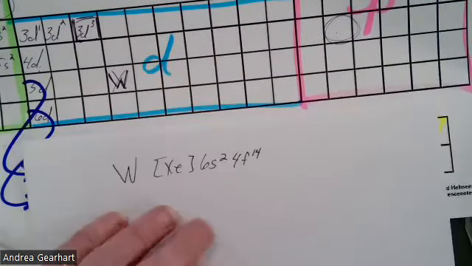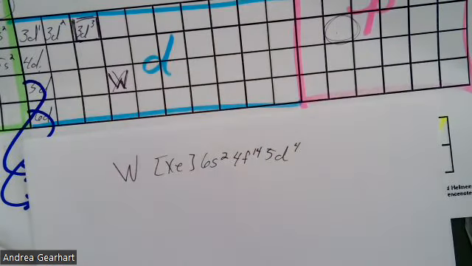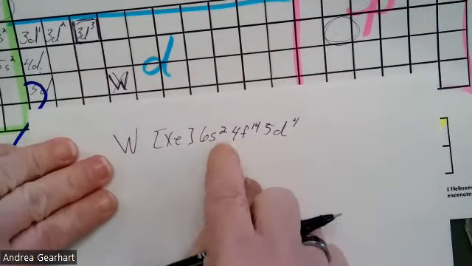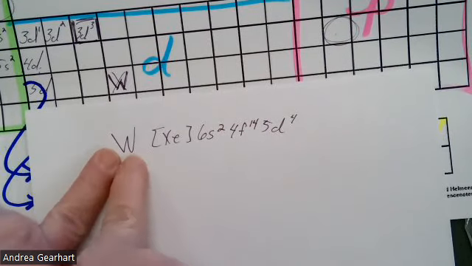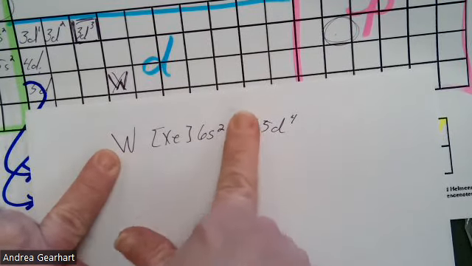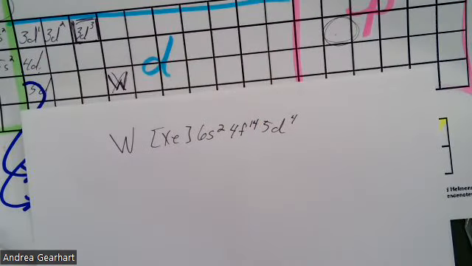Then we come back up to the 5d, and then it's 4 over. If we don't include the 4f14, we don't have the configuration of tungsten. We would only have 6 electrons beyond xenon, which would be 60, which is this element.